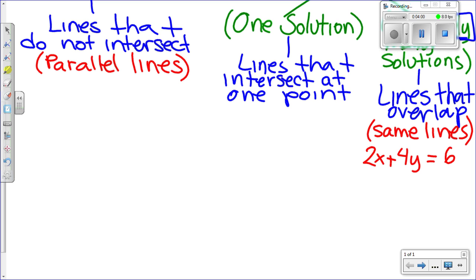And then the other line could be something like 6x plus 12y is equal to 18. So if you notice, the second equation is just the first one times 3. So if I was to graph it, you guys will see that will be the same line. So I'm going to pause the video for a second, and now we're going to move on to something else.